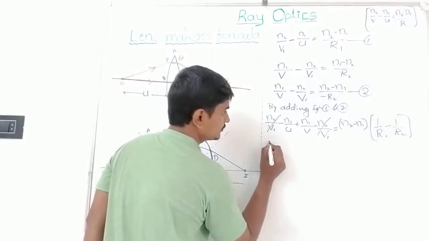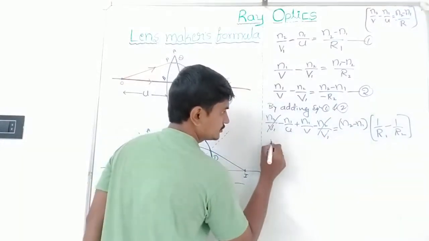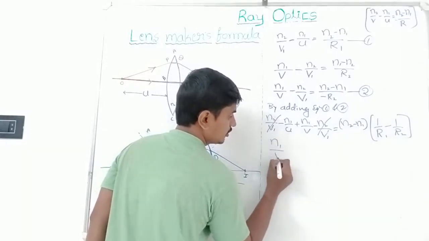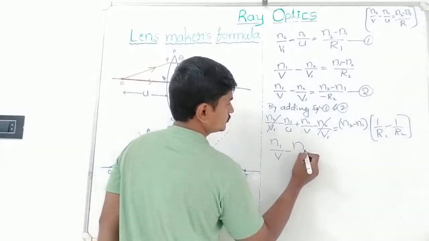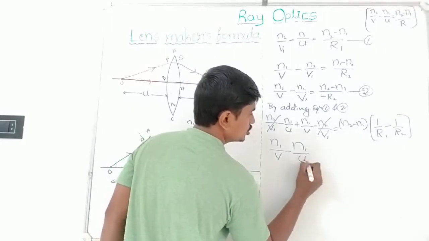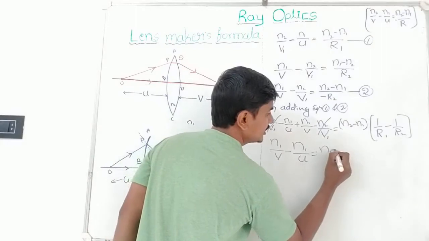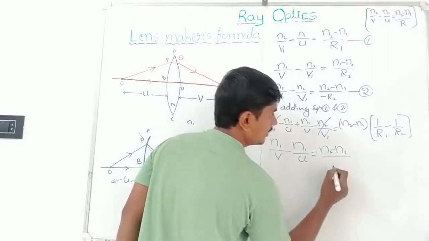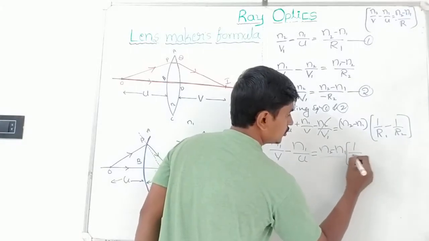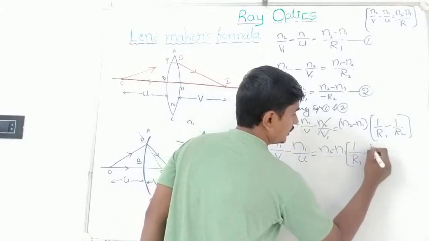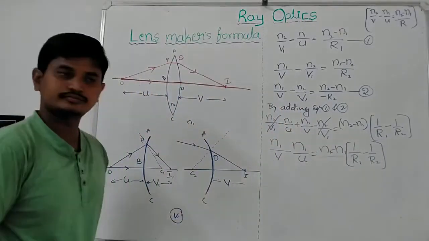Remaining terms are, so I write positive terms first, N1 by V minus N1 by U is equals to N2 minus N1 into 1 by R1 minus 1 divided by R2.